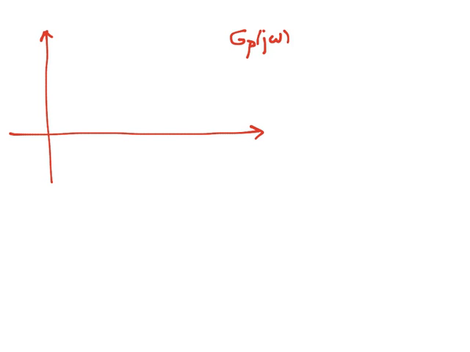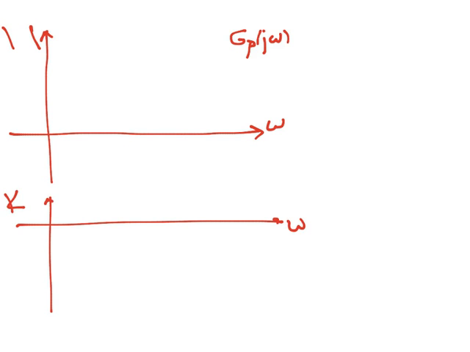So let's plot again the Bode plot that we had for our GP j omega. Here we have the amplitude in terms of omega, and here we have the angular phase. The corner frequency in our case for G j omega is 1.